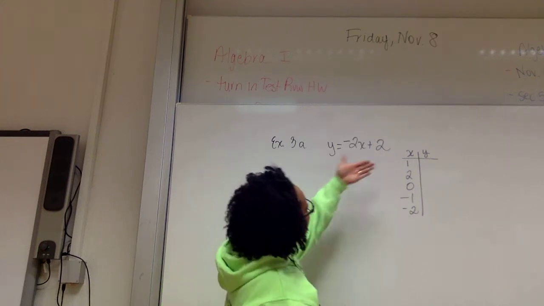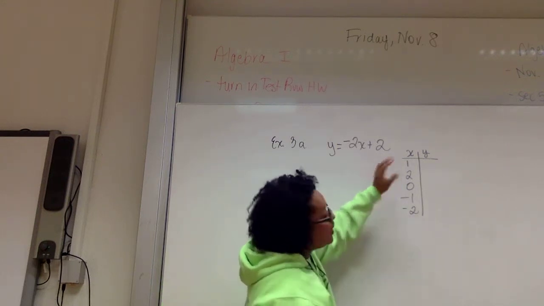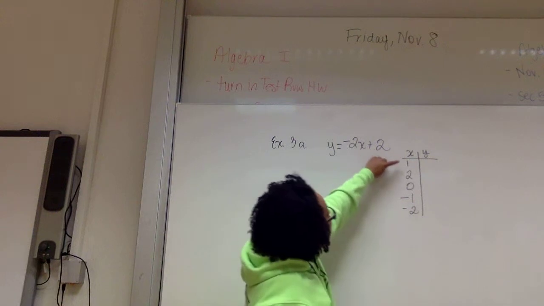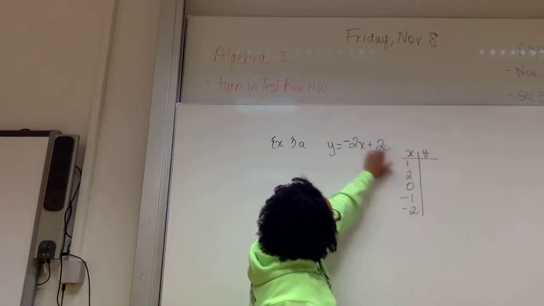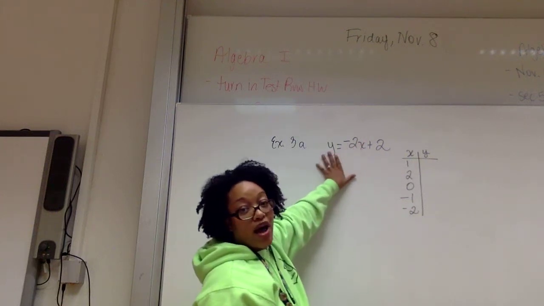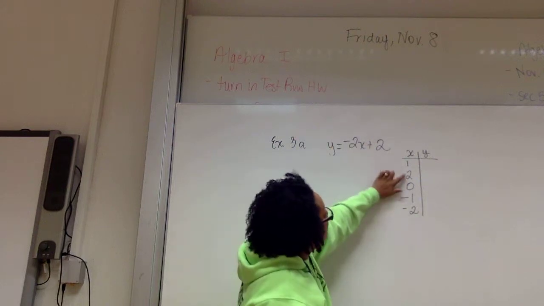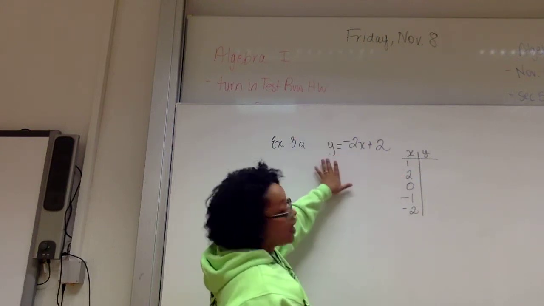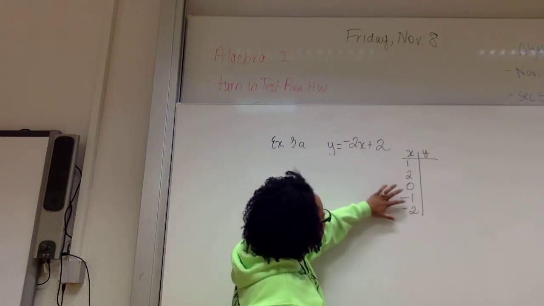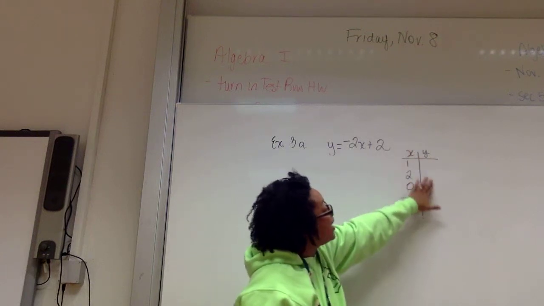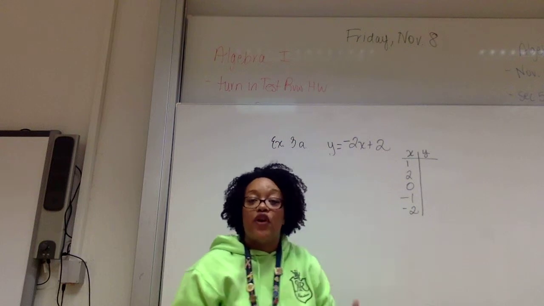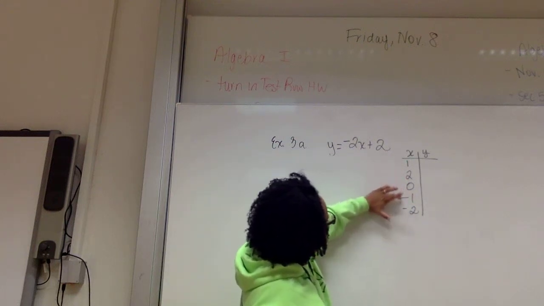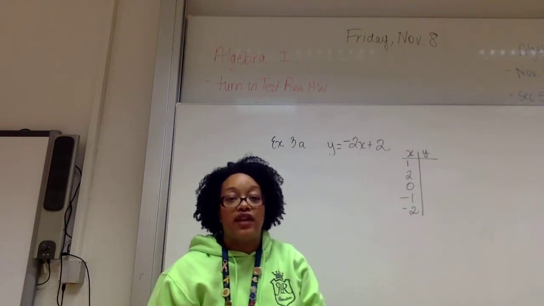So once I have my X values, then it's a plug and chug. I need to substitute this value of X right here to get my Y. Then I'm going to substitute X as 2 to get my Y. And then you repeat until you have this entire column filled, and those will be your 1, 2, 3, 4, 5 points. So let's try it.